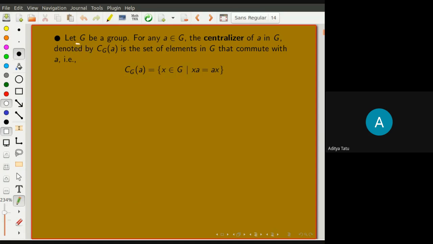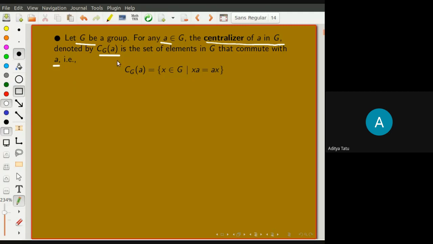Let's say there is some group G, and pick any random element, call it A. Then we have something called the centralizer of this element A in the group G. It is denoted by C_G(A). G is the group and A is the element we are considering right now. C_G(A) is the set of elements in the group that commute with the element A.